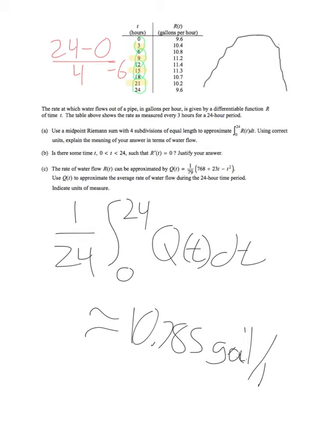Another way to think about that is if you imagine that the 1 over 24 wasn't there, the output of this integral would be gallons, because that's your net change, how many gallons have flowed out of the pipe, just like our answer to part A. And then this whole thing is gallons, and then you're dividing by 24, which is hours, so you get gallons over hours, gallons per hour. All right, there we go.